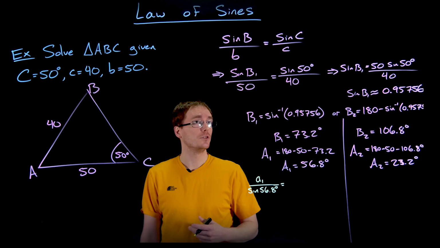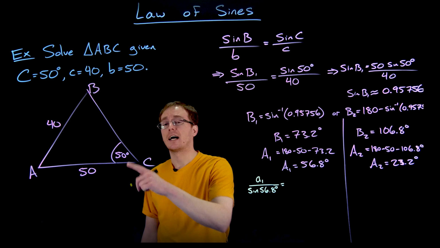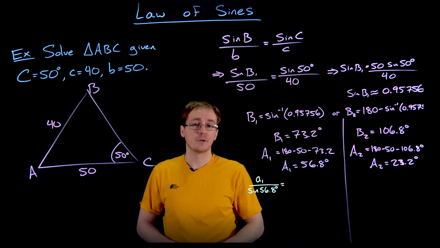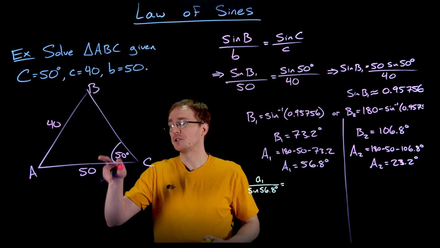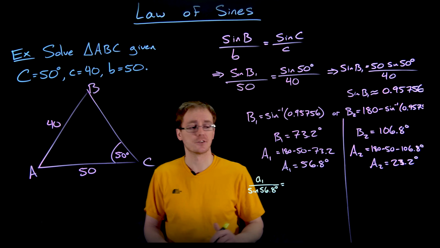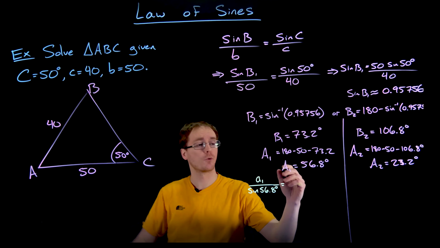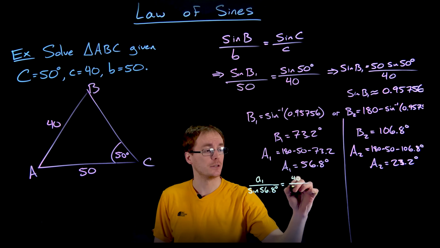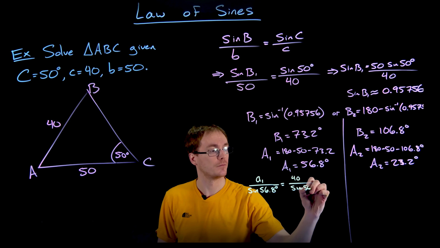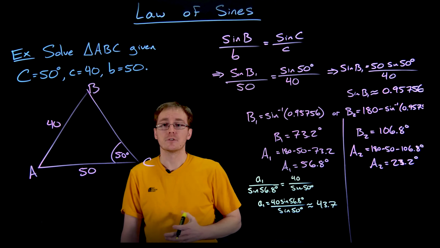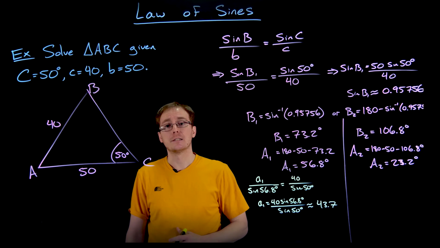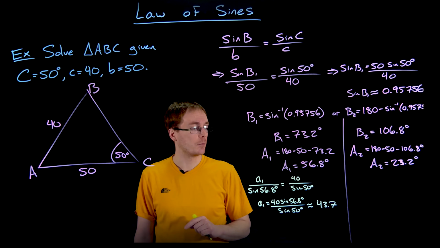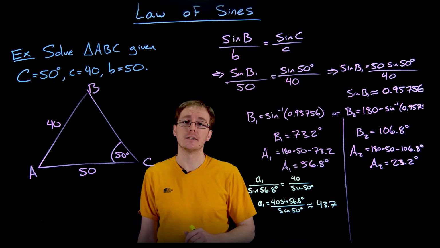That's going to be equal to sine of C over side length C, or we could do sine of B1 over side length B1. But if we have the option of using exact information that was given to us, I say we should always do that. So let's set it up as side length C, or 40, over sine of angle C, which is sine of 50 degrees. All right, so we can solve for little a1 by multiplying both sides by sine of 56.8 degrees. And then when you evaluate that, we get little a1 is about 43.7 units in length.